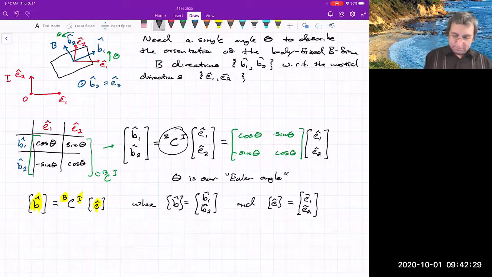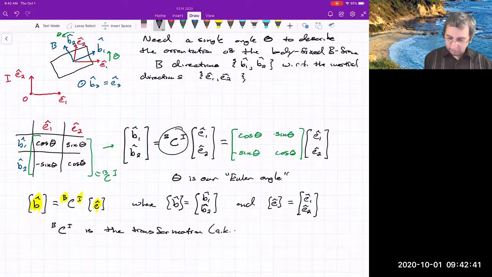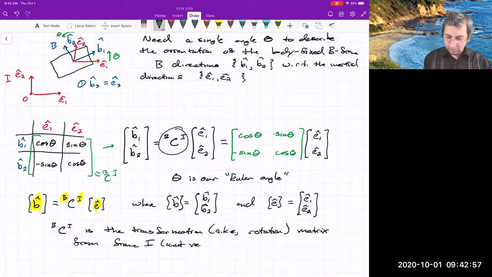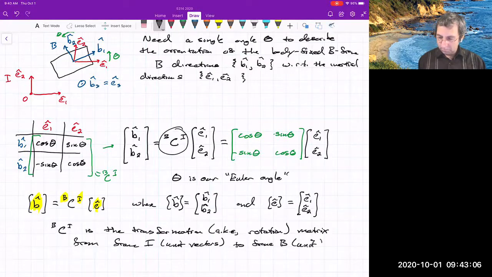So this is the transformation, also known as rotation. It's a transformation matrix, or equivalently a rotation matrix for this case, from the frame I, basically the basis vectors, to frame B, basis vectors or unit vectors.